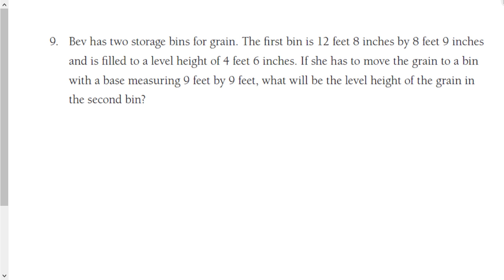Okay, Bev has 2 storage bins for grain. The first bin is 12 feet 8 inches by 8 feet 9 inches, and is filled to a level height of 4.5. She has to move grain into a second bin measuring 9 feet by 9 feet.